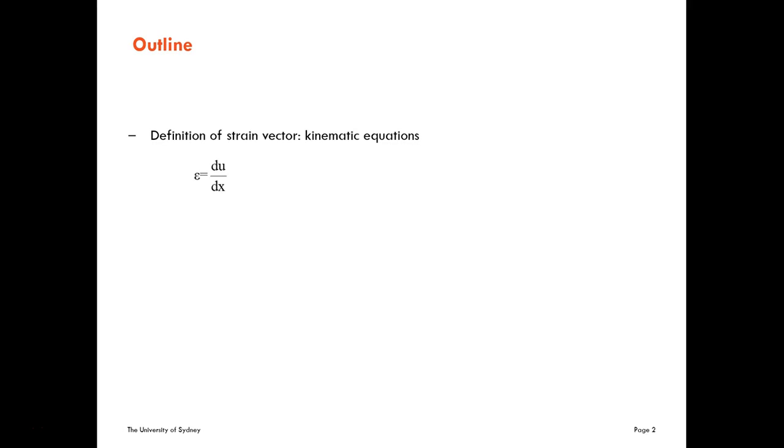This is the derivative of the displacement with respect to the position, which is the axial strain in 1D deformations. In 3D, we define the gradient of the displacements that contains the strain. And we are going to convert this gradient of displacement into a matrix equation.